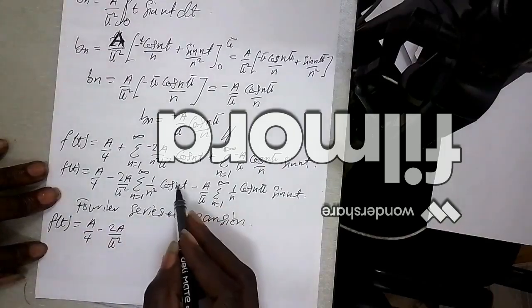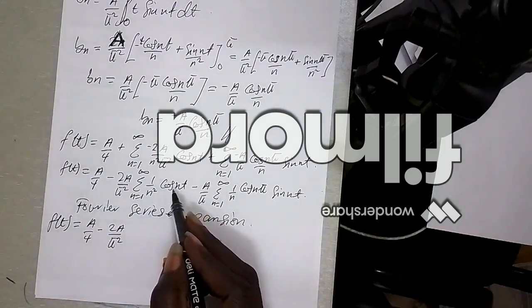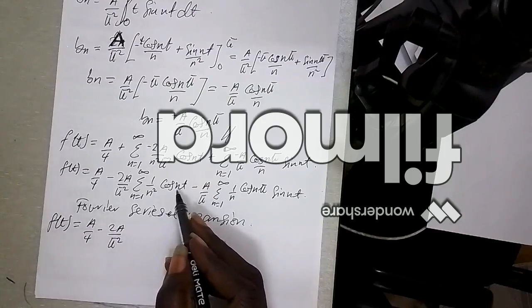Here you see that when we did this an, it was defined for only, I think it was defined for, was it only odd functions?